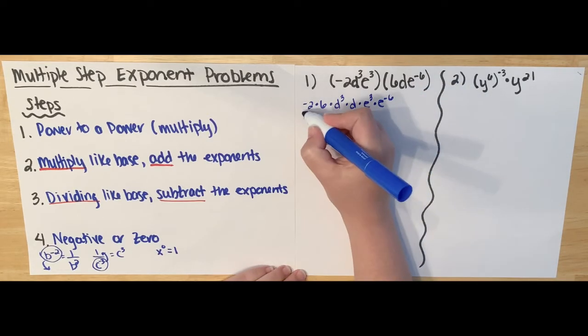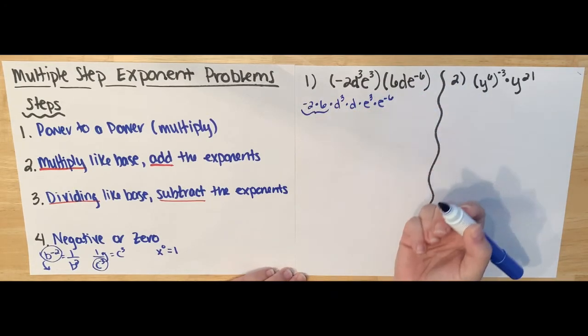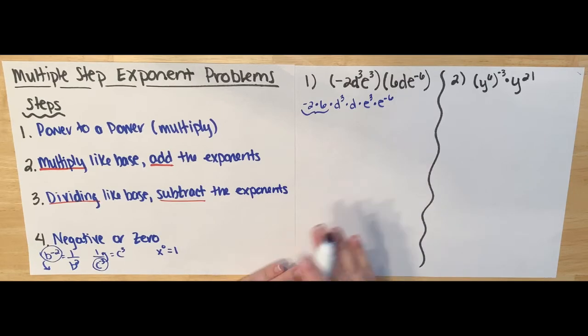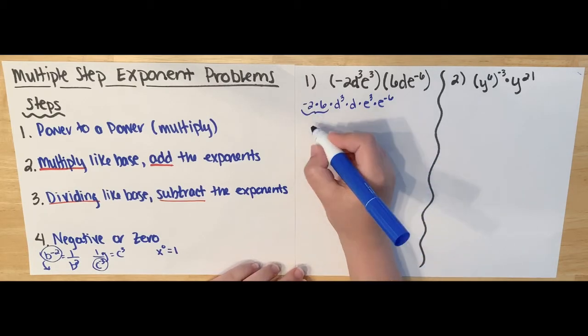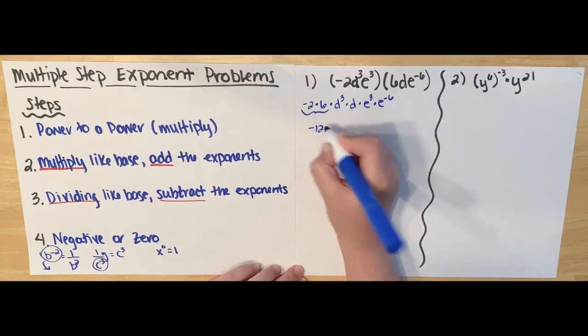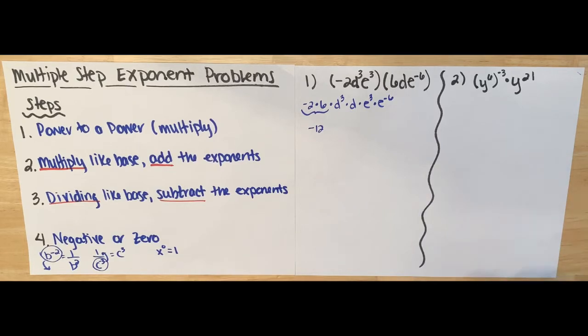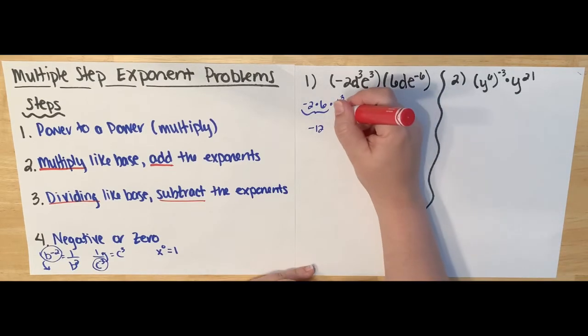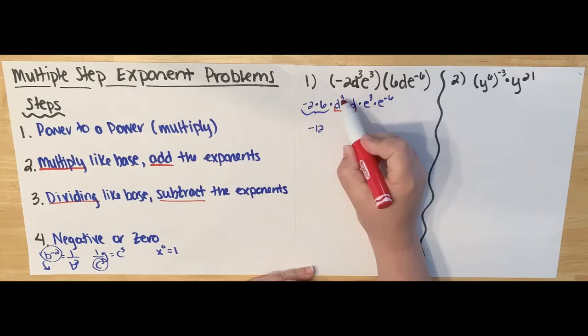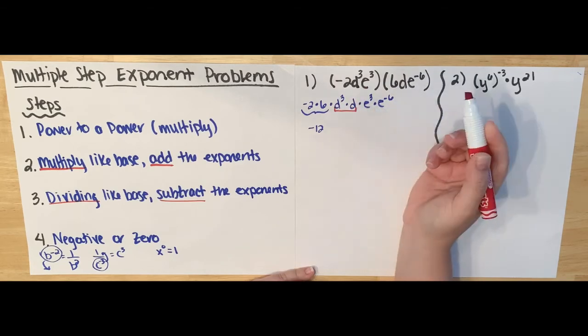Okay, so negative 2 times 6, just like always, they are not exponents, they're just regular old numbers, just like you've been dealing with since you first learned multiplication, and then with the negatives in 7th grade. So that equals negative 12. Now, the d's I want to put together. This d has an exponent of 3. This d doesn't have one showing.